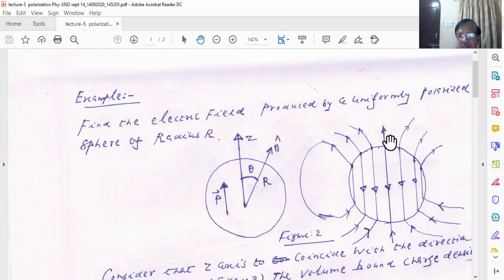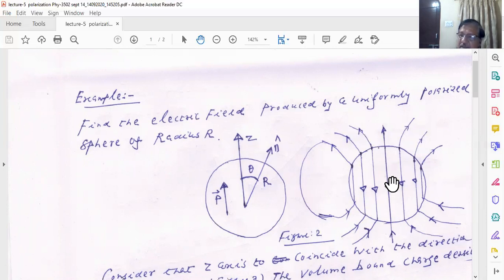Outside the sphere, the field pattern is the field of an electric dipole, and inside the sphere, the field is uniform and it is opposite to the direction of polarization. So you see the polarization is along the z direction, the polar axis.